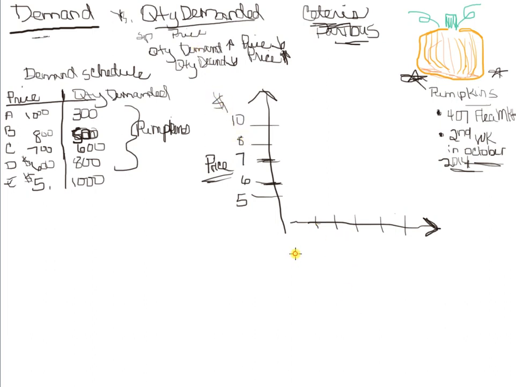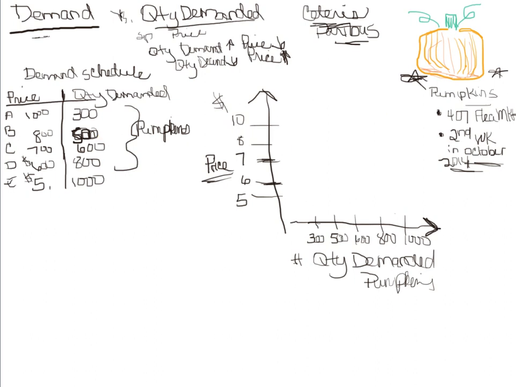That's our price. Then over here, this is going to be our quantity demanded of pumpkins, and my quantity demanded is 300 on the lower end, in ascending order just the same, then 600, 800, and 1,000.